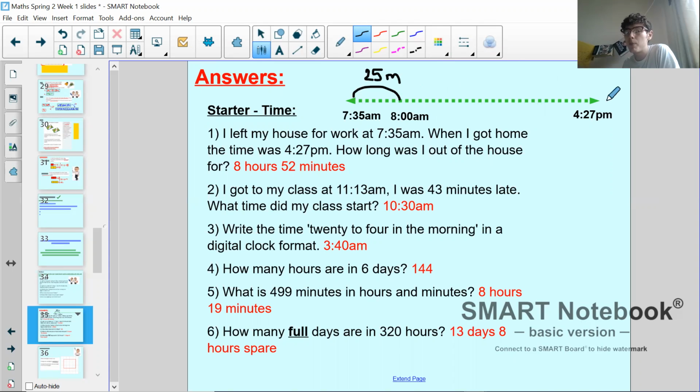And then I'd probably do a jump from 8 a.m. all the way to 4 p.m. So that is 8 hours. I'd count up and that is 8 hours.